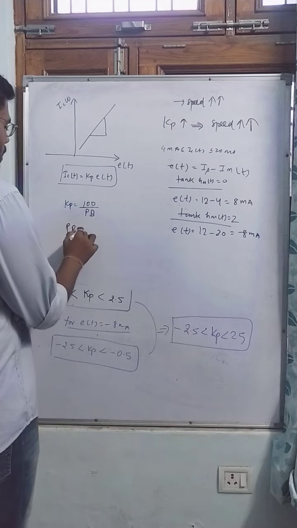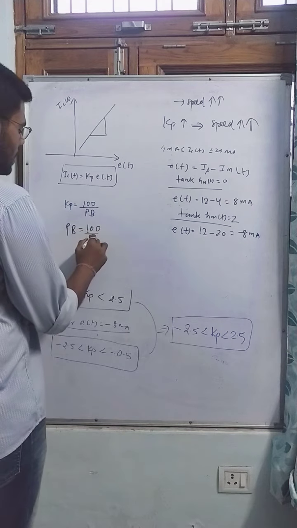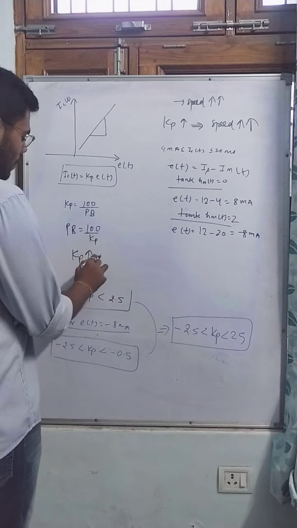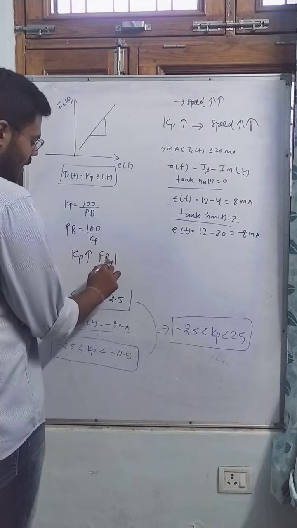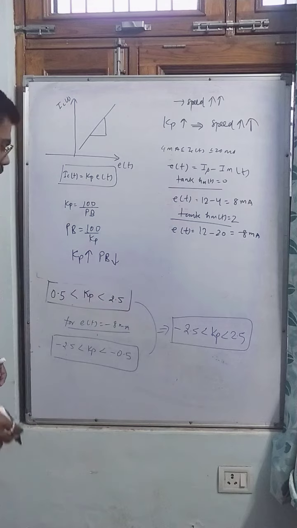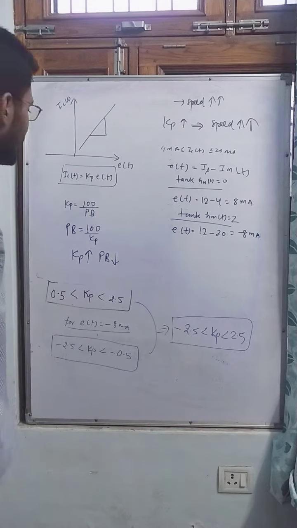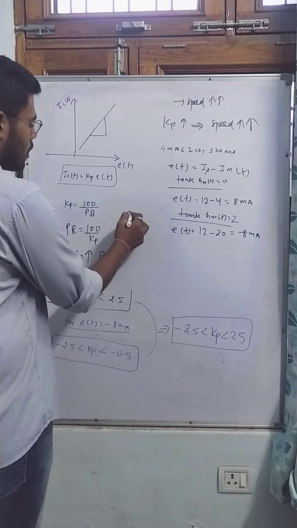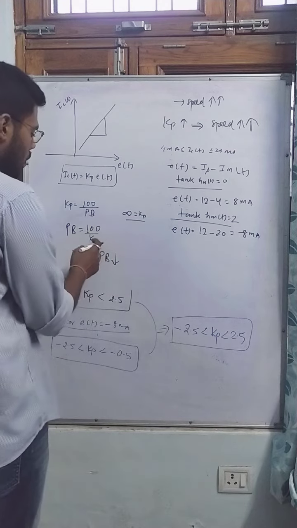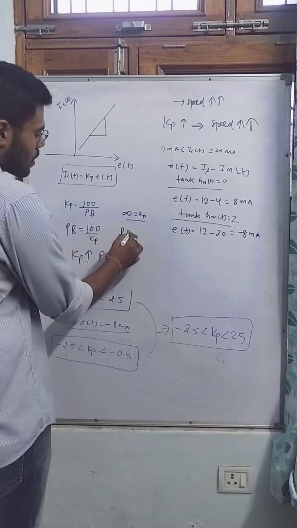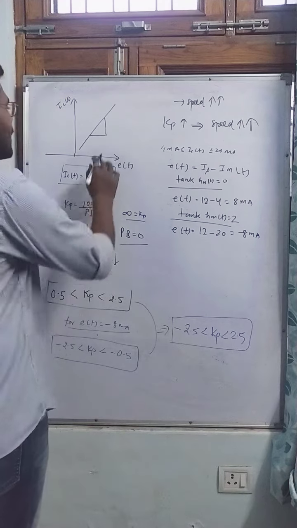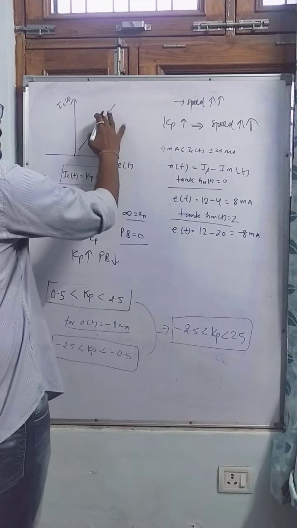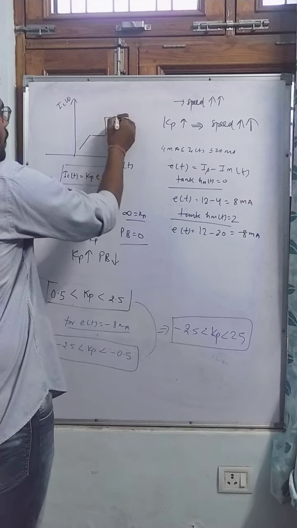If I take Kp in the denominator, this will be the expression. So as Kp increases, the proportional band will decrease. Now I am talking about the case Kp equal to infinity. If you keep Kp equal to infinity, your proportional band will become 0. That means this linearity will vanish and the controller will be like this.